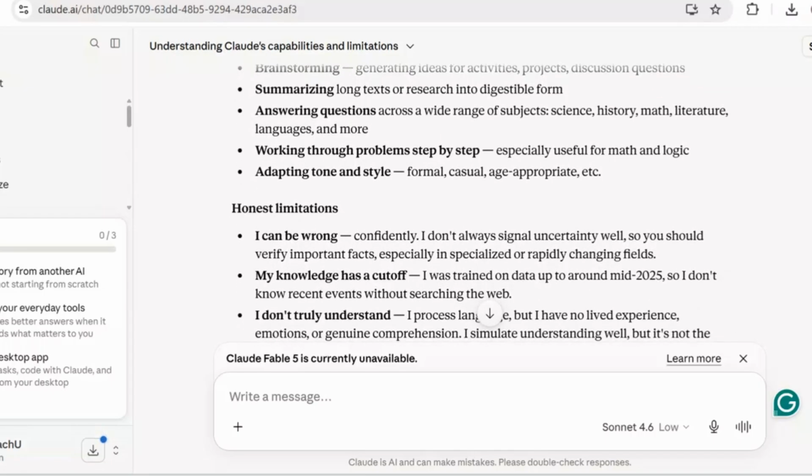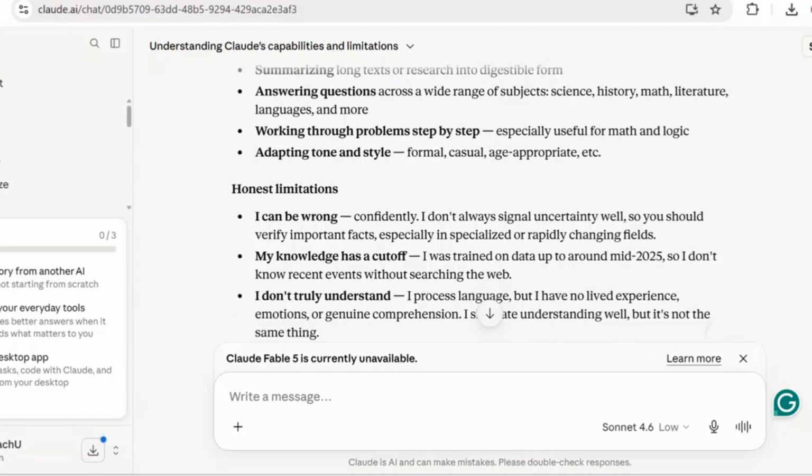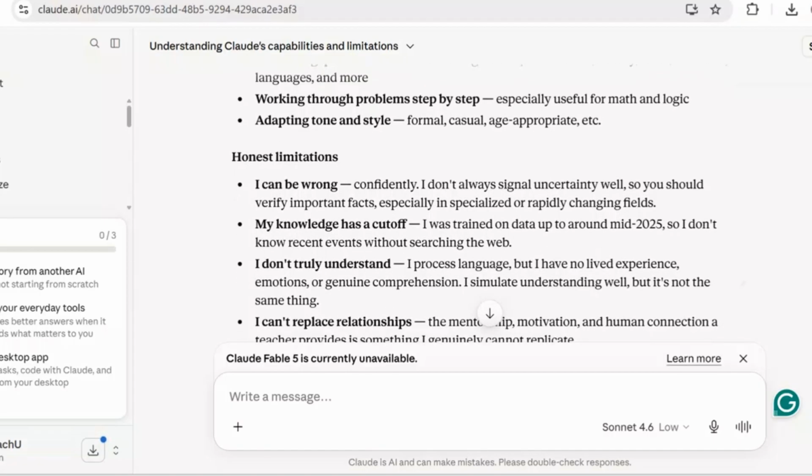It can summarize long text and answer questions across a wide array of subjects like history, math, literature, physical activities. It works through problems step by step, especially for a mathematics teacher, and for logic. It adapts tone and style, sometimes formal, casual, age appropriate.